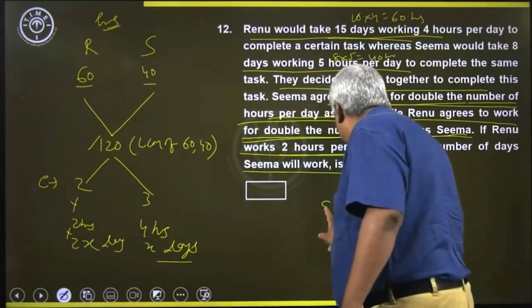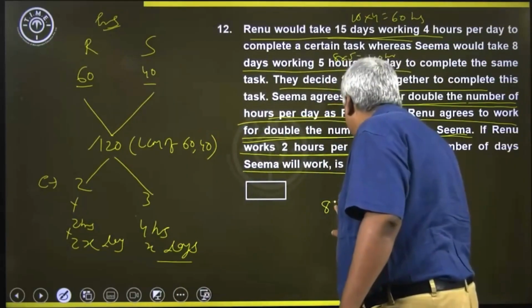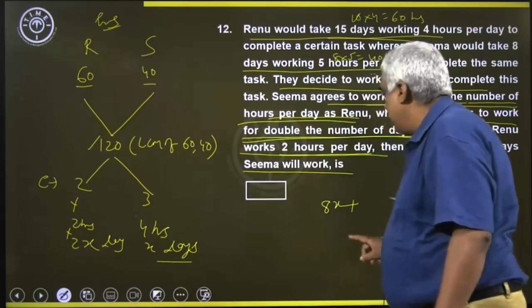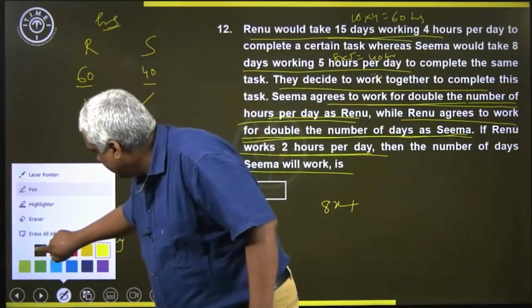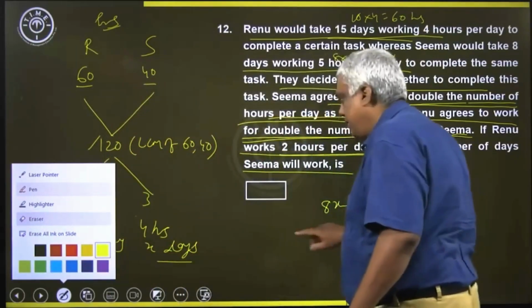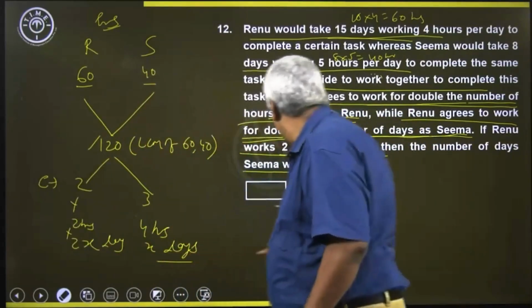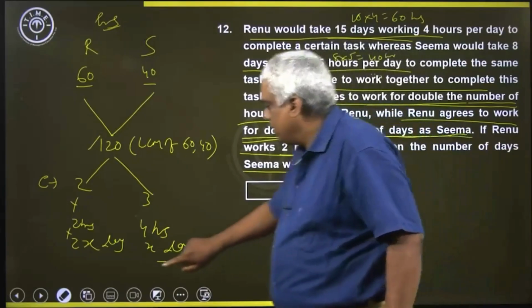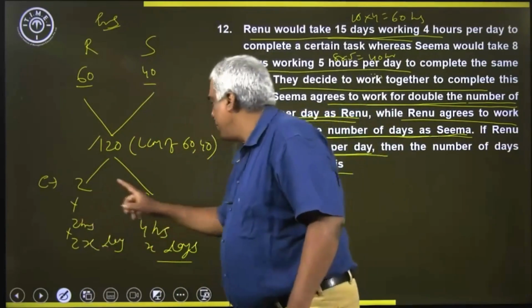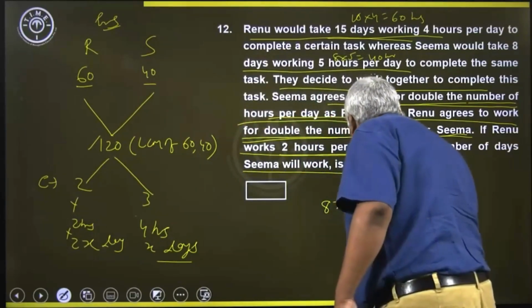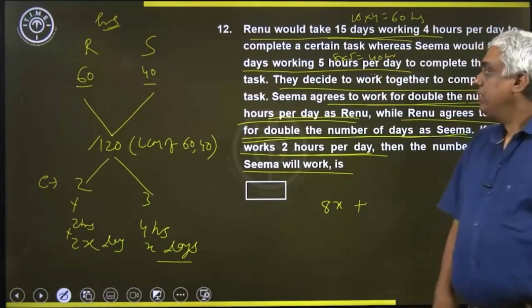So the total work done by Renu is 8x, plus the total work done by Seema.